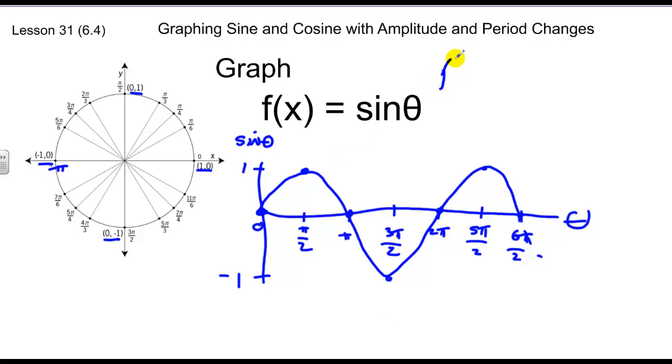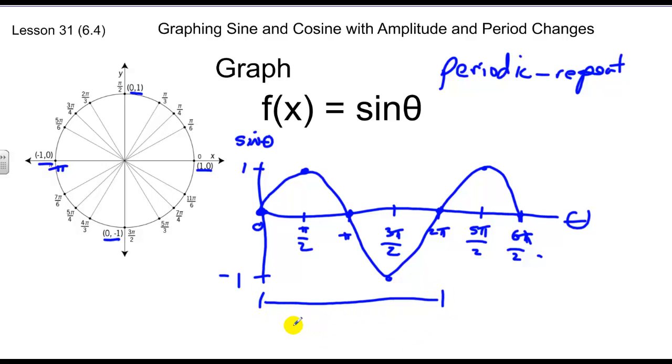We call these periodic functions because they repeat. And the time it takes to repeat is called the period. So in this case, it repeats from 0 to 2 pi, and 2 pi is the period of this graph.